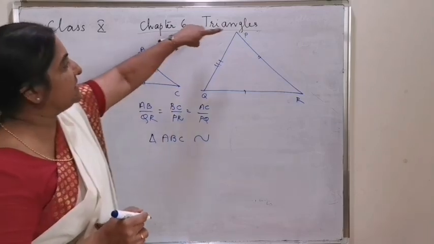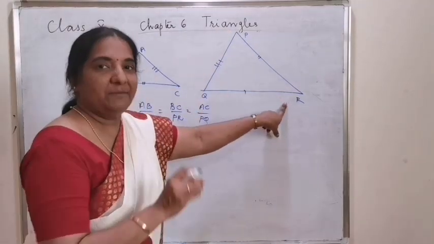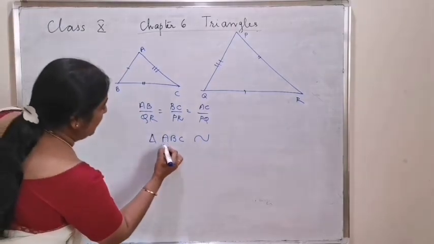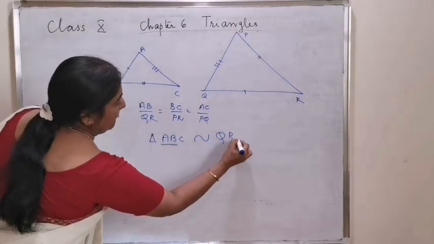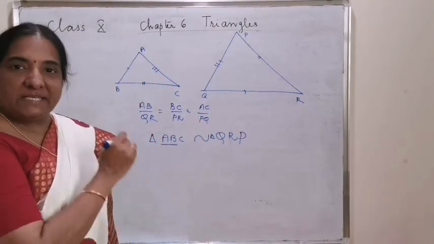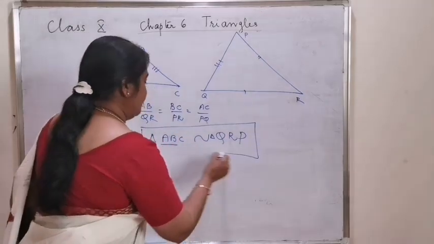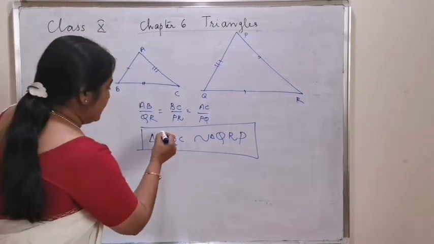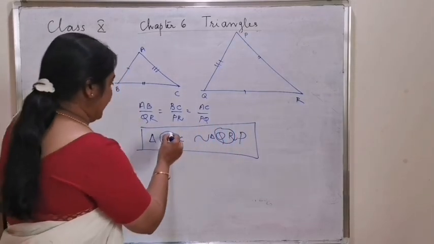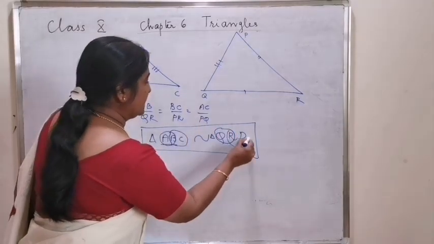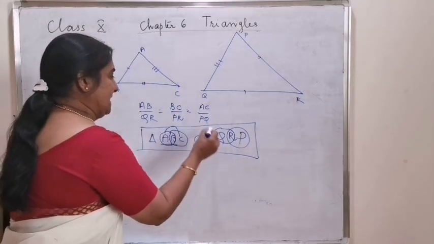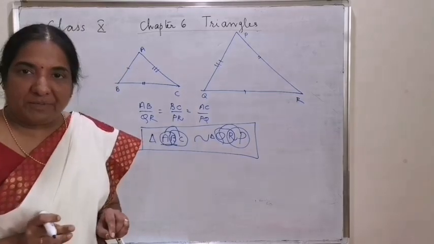We cannot write it as PQR because side AB is corresponding with QR, so triangle QRP. This is the correct notation because the side AB is corresponding with the QR, the side BC is corresponding with side RP or PR and side AC is corresponding with side QP.